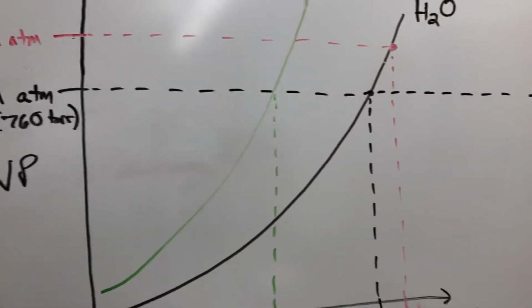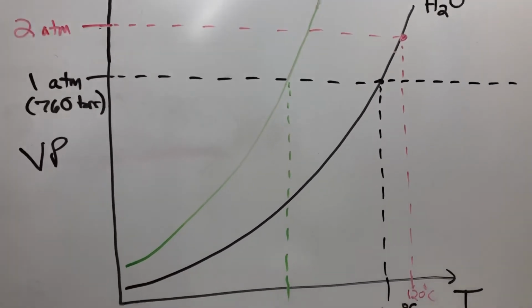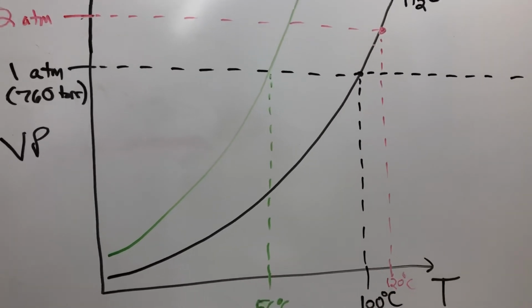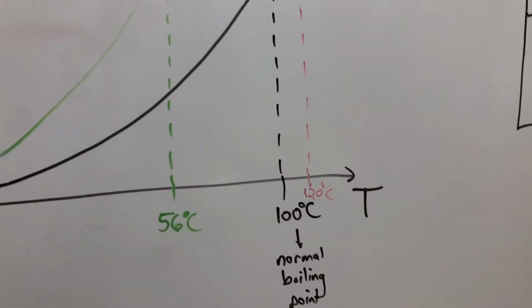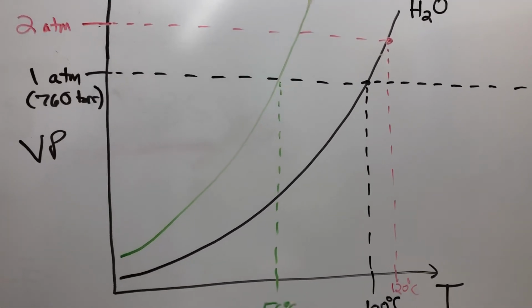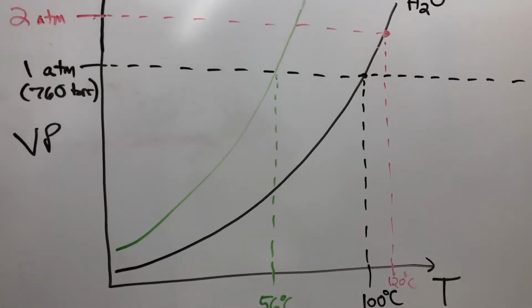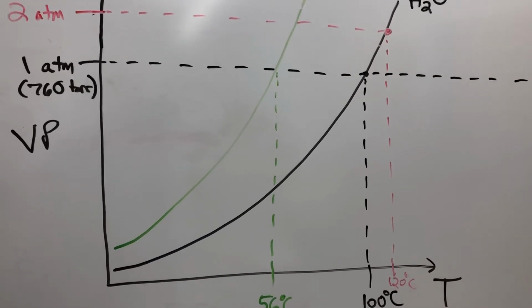At 2 atmospheres, the temperature at which water has a vapor pressure of 2 atmospheres is 120 degrees Celsius. And so if you get that external pressure up to 2 atmospheres, the water has to reach 120 degrees Celsius before it is at a vapor pressure high enough to create bubbles and be boiling.